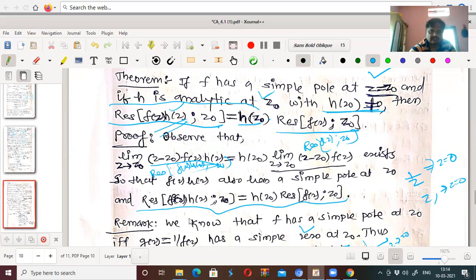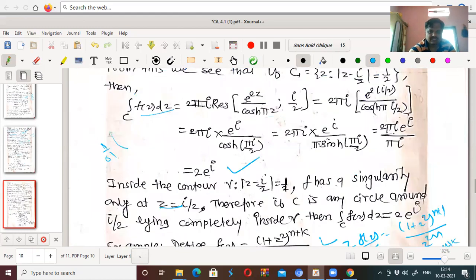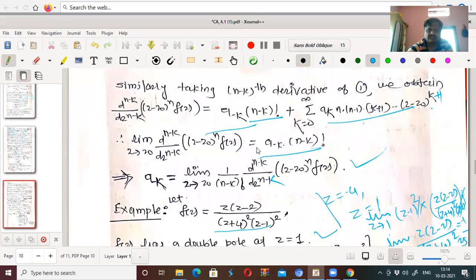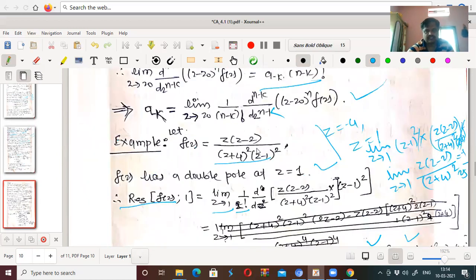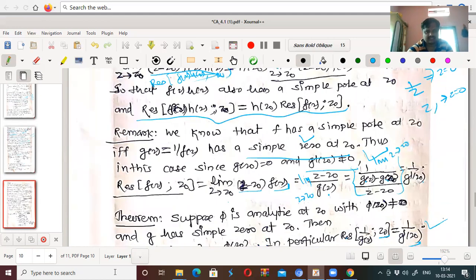So by using these two formulae, we can find the residue of a given function at a given singularity. So this is about the residue of a function at a given singularity.